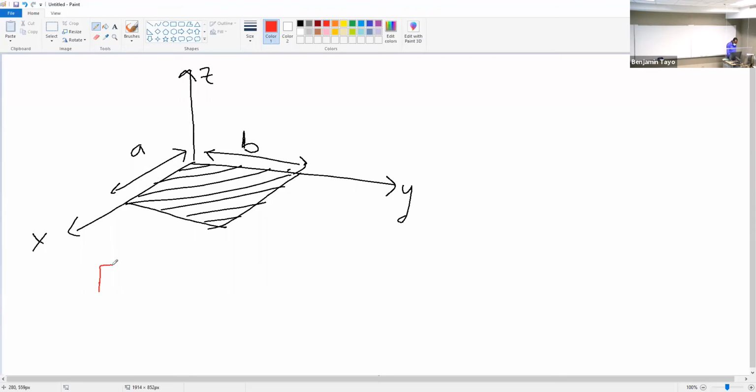But my electric field is still pointing in the k hat direction, but this is not. So this is a function and depends on X.